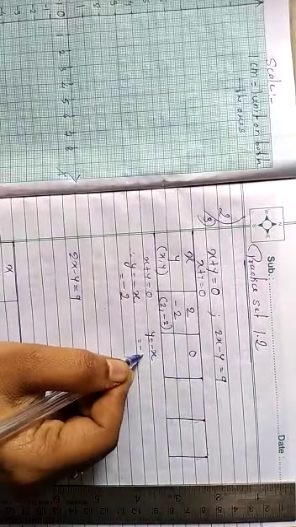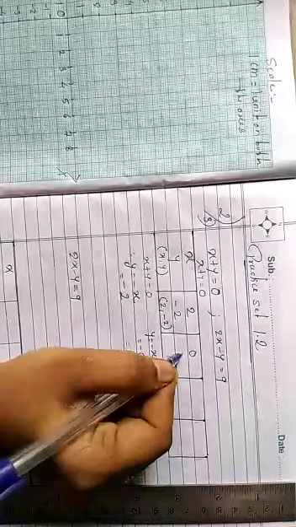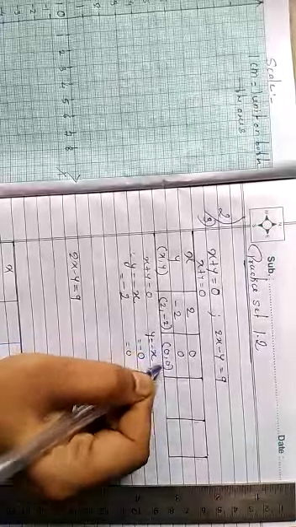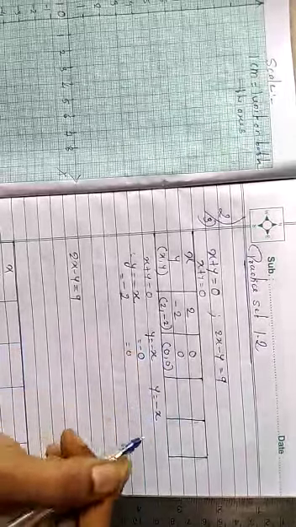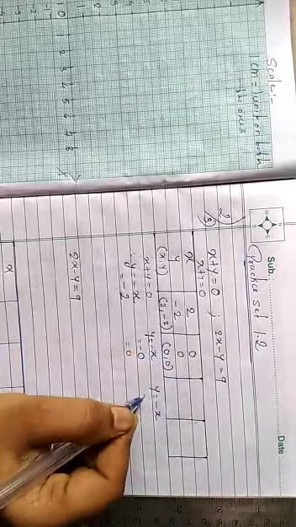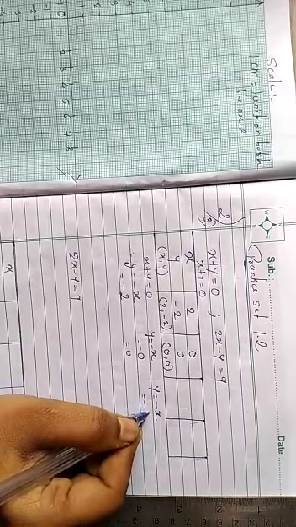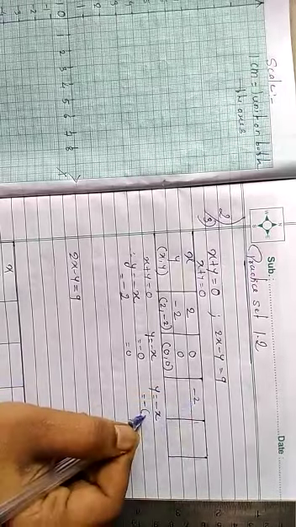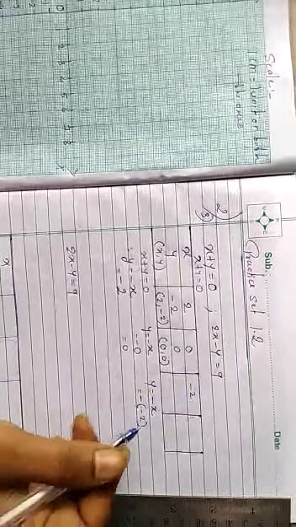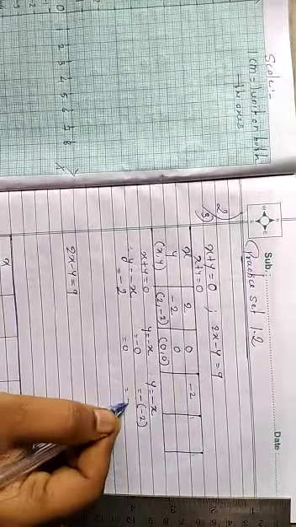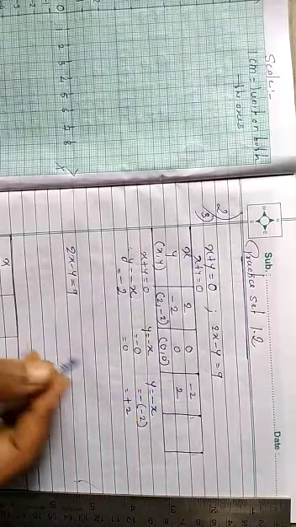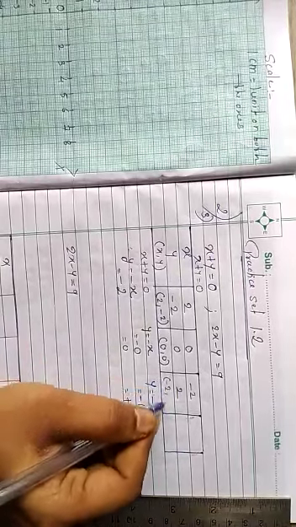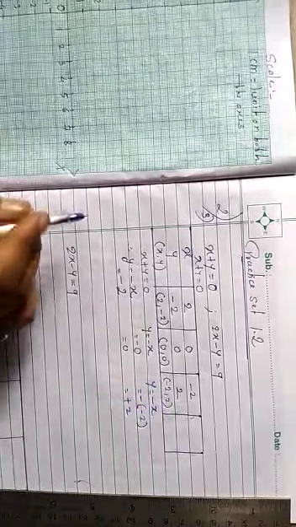If I take 0, y becomes 0. So (0, 0). Next I'll take x = -2. Minus and the value of x as -2, so this becomes minus minus plus 2. So y is +2. So (-2, 2) are the coordinates for x and y.